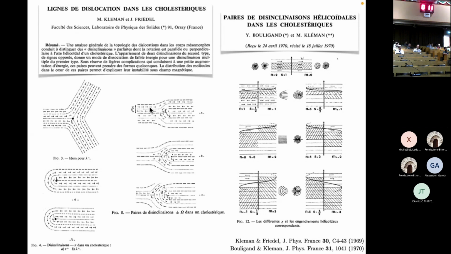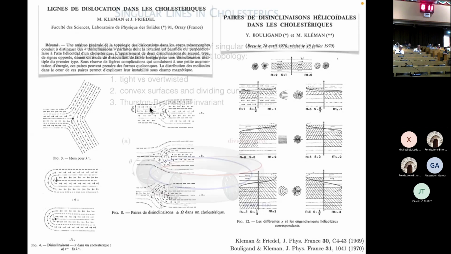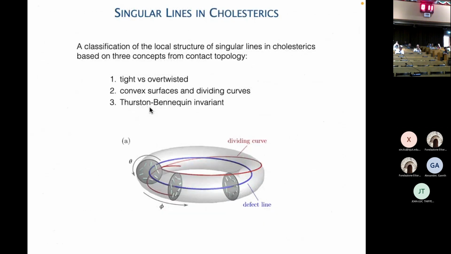And what we're looking to do is to try and bring some new ideas, some slightly more geometric ideas, to look at this classification from a more modern perspective. So that's what I want to try and explain. And what we've come up with so far in this direction is to give a classification of the local structure of singular lines in chiral vector fields based on concepts that are coming from contact topology.